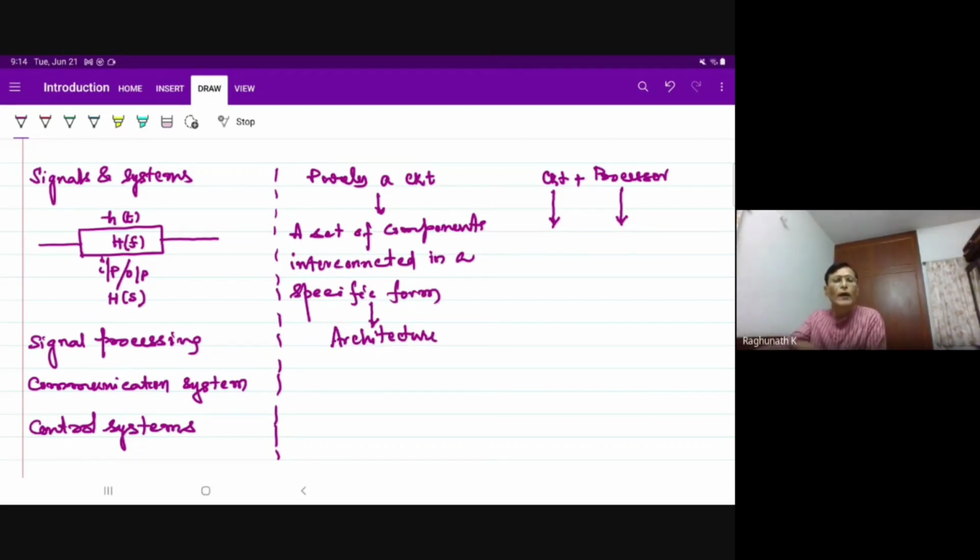Again and again, maybe I'll be repeating the same example. If somebody asks you to design a simple first order RC low pass filter, immediately you will give the circuit R and C. This is the architecture of a simple low pass filter.